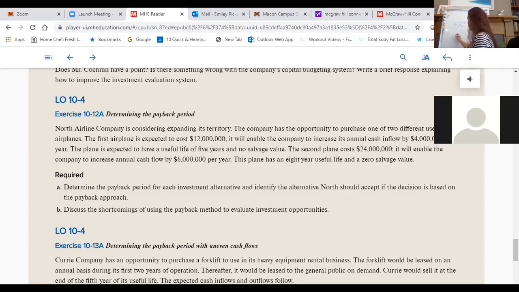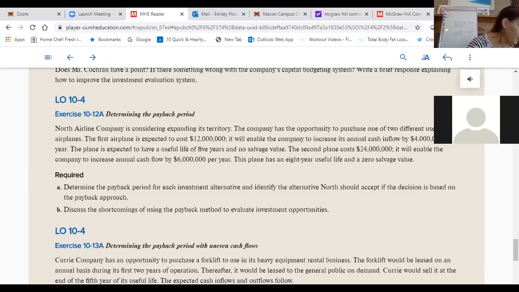The second one is 24 million, and you would get 6 back. So that'd be 4 years. So just looking at this, you would choose the first alternative because you would get your money back sooner.